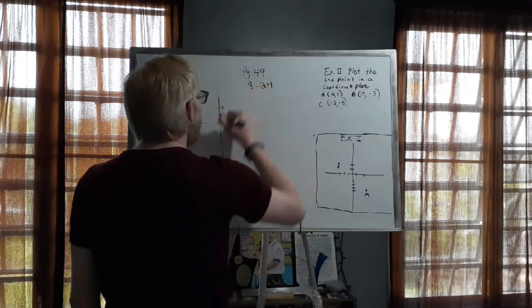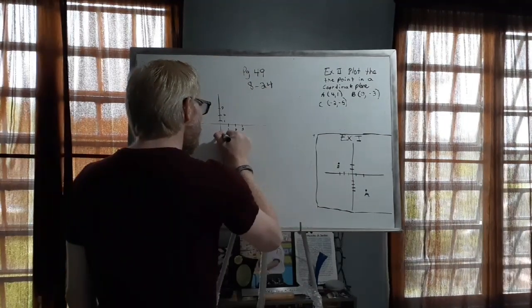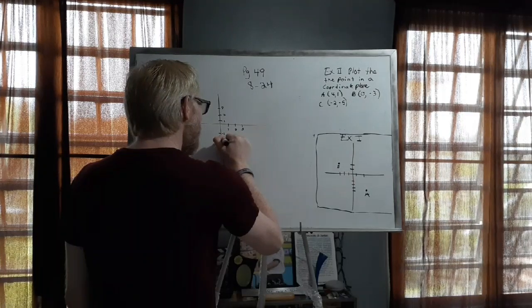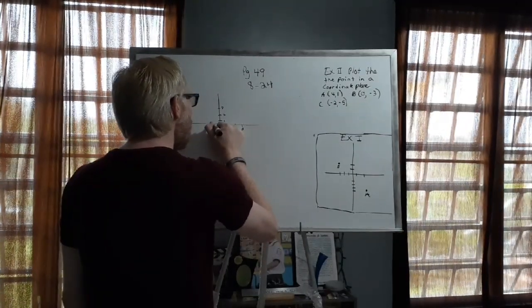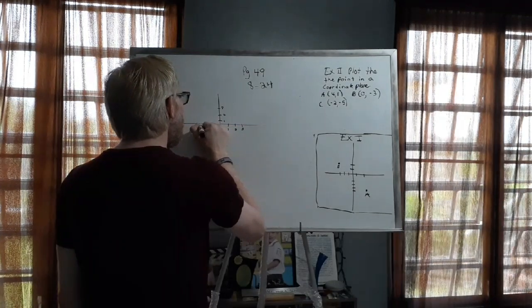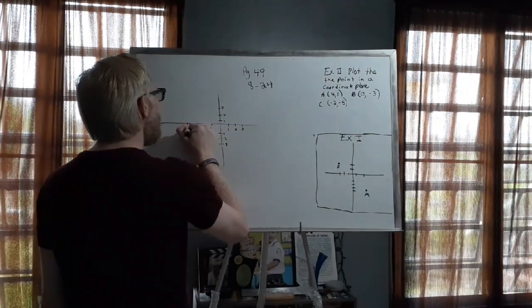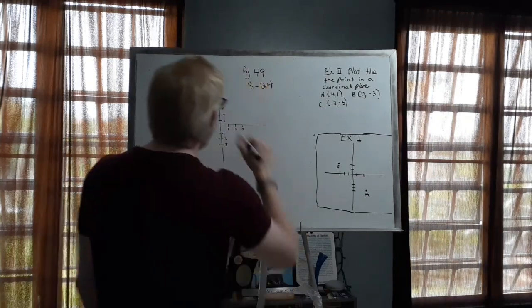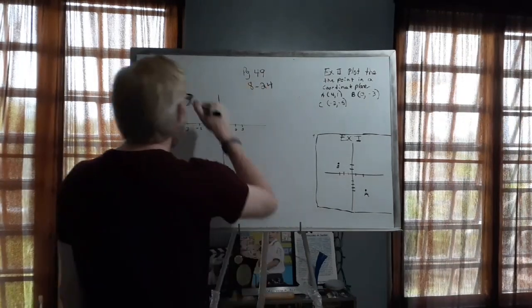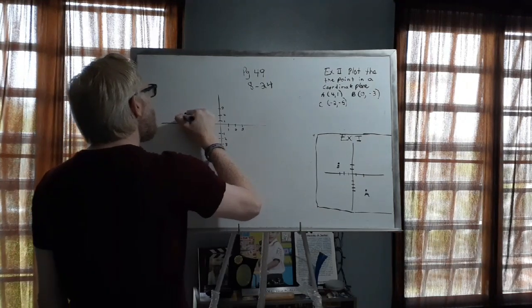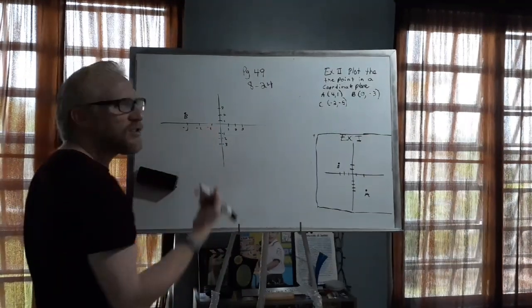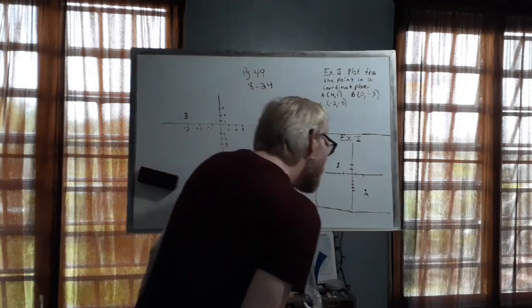And we'll have -1, -2, and -3. And to the left we have -1, -2, and -3. And what they want us to do is actually to determine what ordered pair each letter represents.